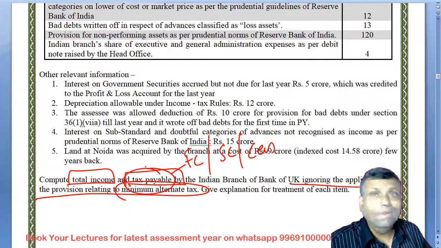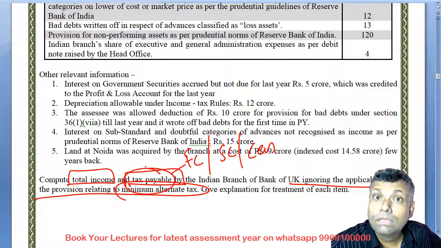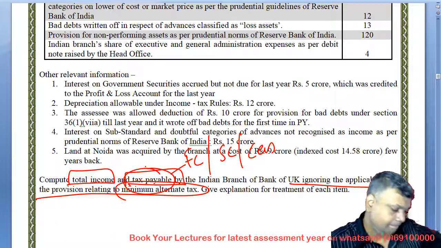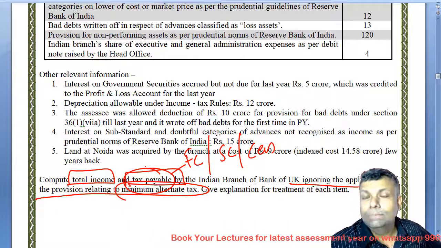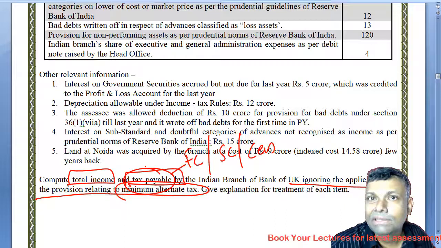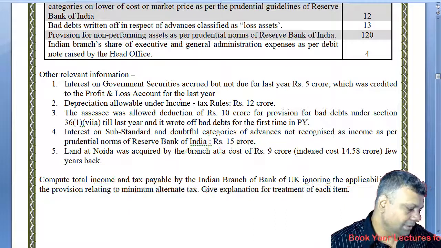But in the given question, it is clearly printed in the question itself that you have to ignore the MAT. That means to that extent, oh my God, I'm saved. Okay. So that's it.